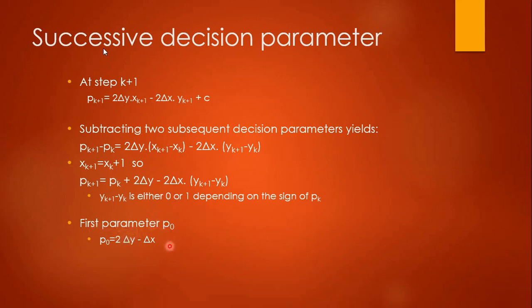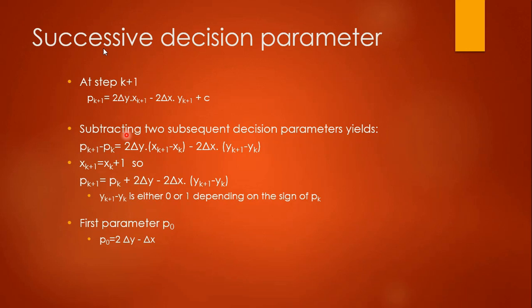So what about the first parameter? Till now we have talked about the decision parameters pk and pk plus 1. Recursively the calculations go on for the decision parameters, performed at each integer x position starting at the left coordinate endpoint of the line.